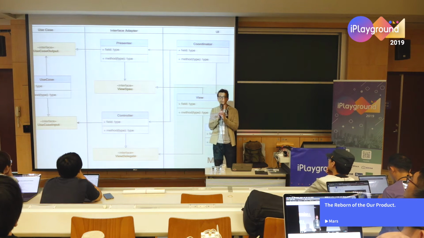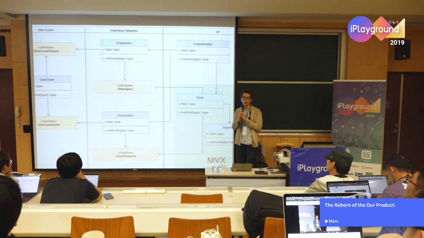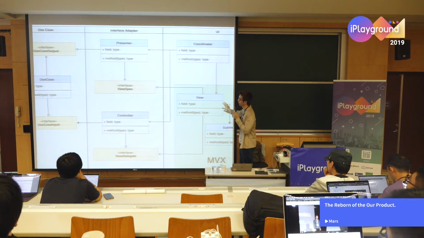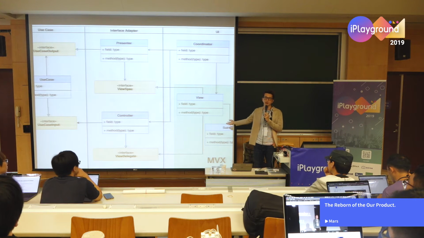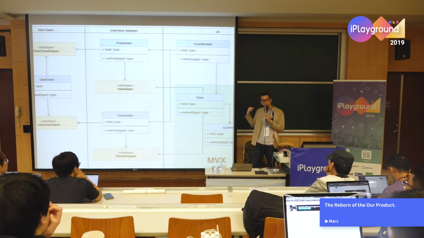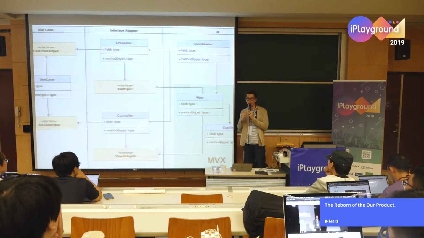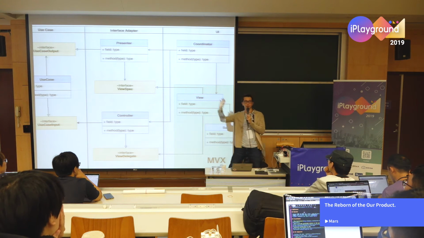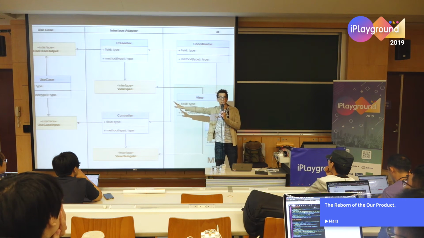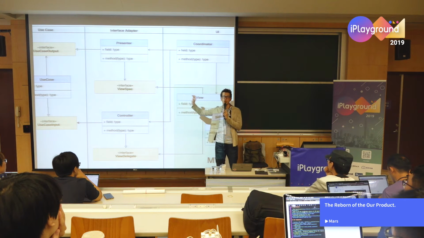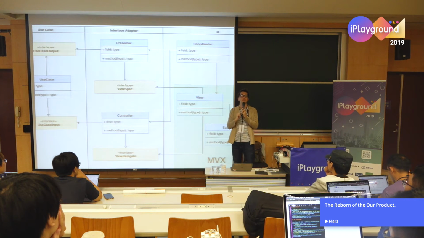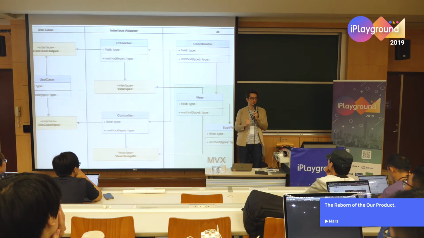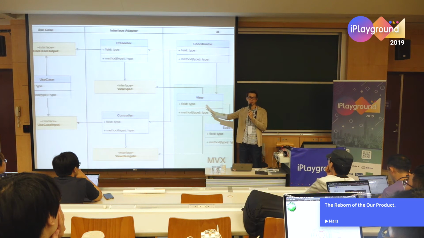So if you implement your UI in different design patterns like MVP or MVVM, I recommend you test from the use case part, which means you should test your business logic first.